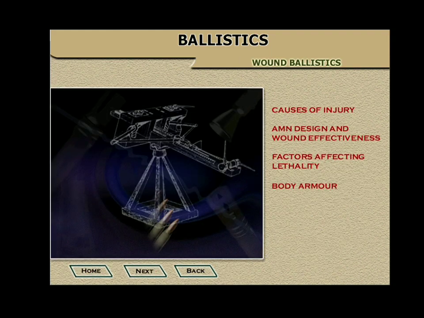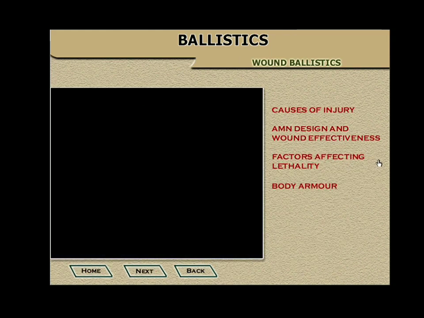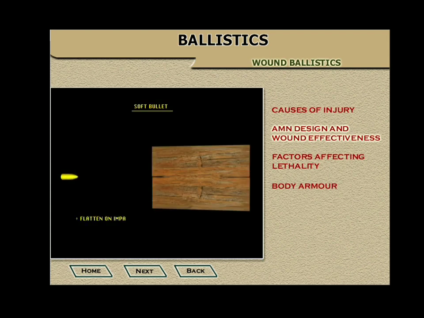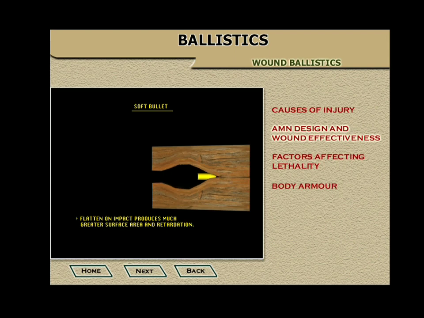Projectile design. For the same amount of total energy expended, the design of the bullet can make a profound difference in its effect on tissues. A soft bullet will flatten on impact, producing much greater surface area and therefore greater retardation.